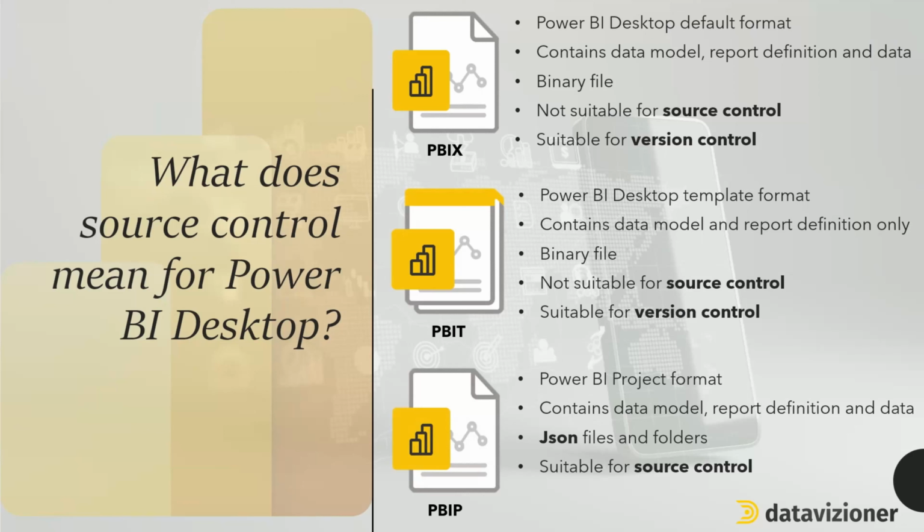Whenever we generate a PBIP file, we'll see that there is just one PBIP file and two folders side by side with the file. One is for the report and the other one is for the data set. And a data set, I suppose many of you already know, includes the Power Query data transformation steps and the data model itself.